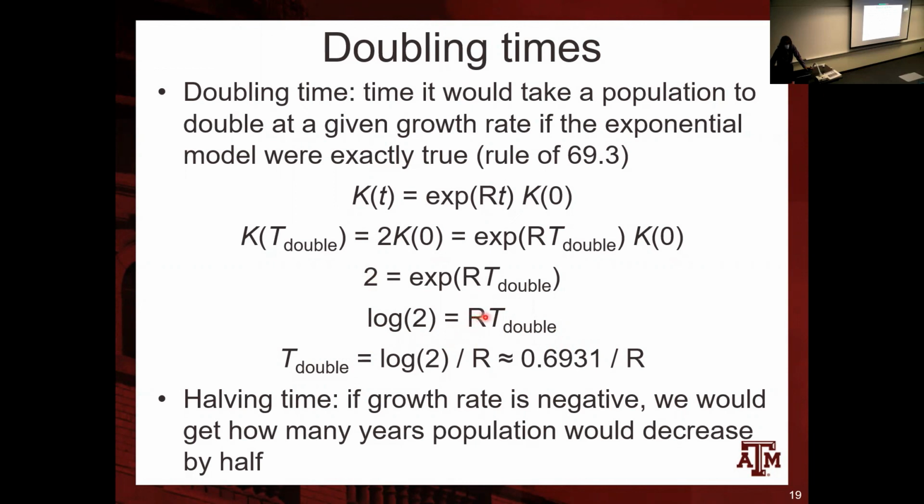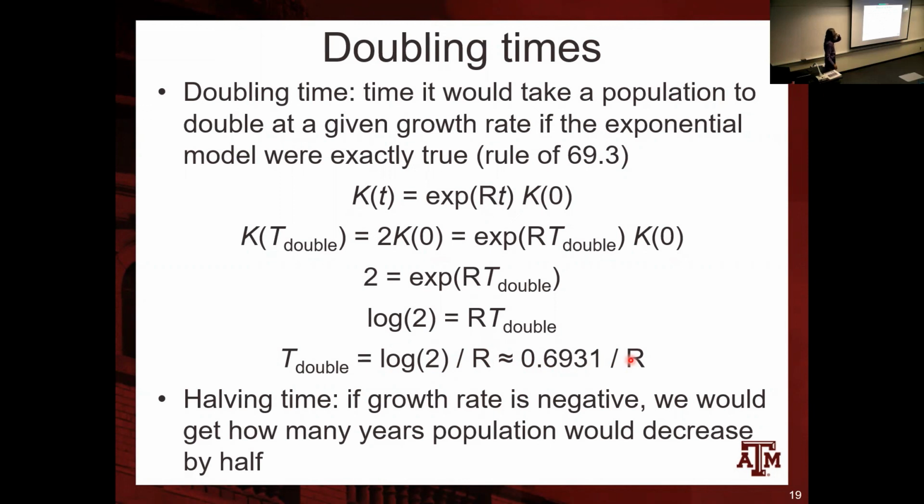R is multiplying here, so it goes to the other side, dividing. So the time that the population will double in size from K0 to 2 times K0, if my growth rate stays stable, is pretty much log of 2 divided by R. Log of 2 is 0.6931, then divided by R.